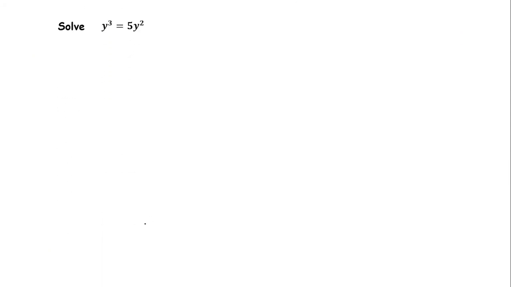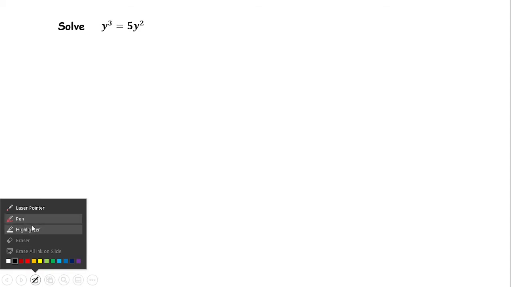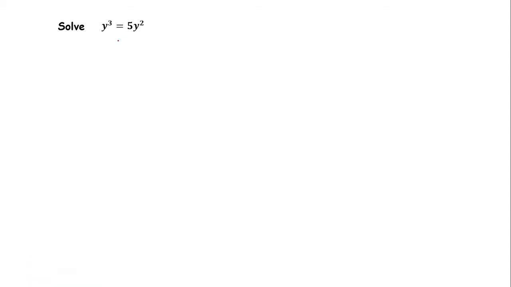How do we solve this now? What is the method? The method is, first of all, make one side 0. How can we do that? Take this whole value to that side. So minus 5y square equal to 0. Now what is common?